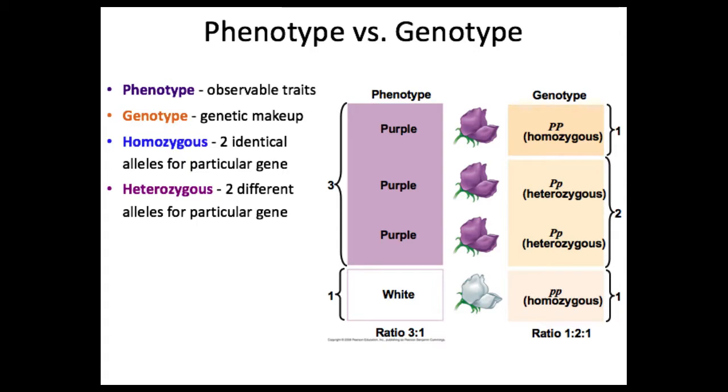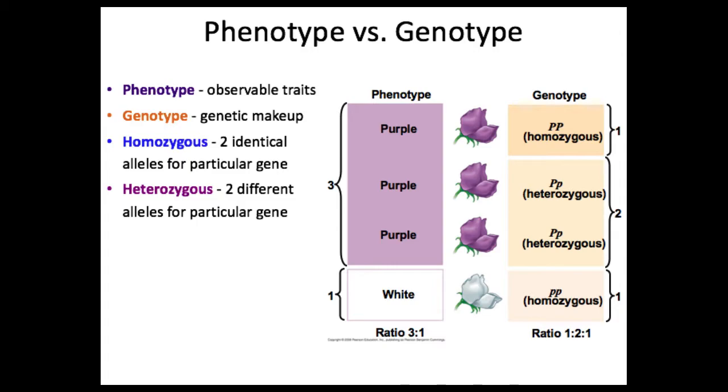If we look at these flowers on your screen, we can see some purple flowers and a white flower, and notice that the phenotype ratio does not match the genotype ratio based upon the rules of inheritance.